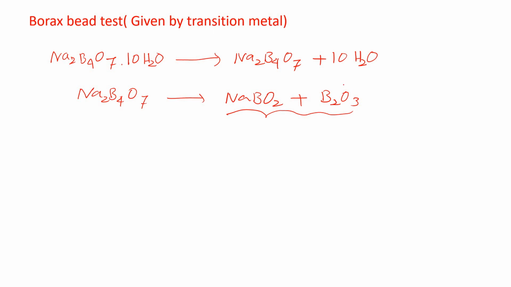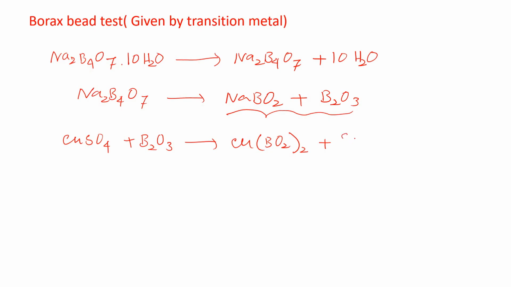Now, this anhydride of boric acid is less volatile. It can release the more volatile anhydride of the other acid from the salt. Say, for example, if I take copper sulfate, then copper sulfate plus this B2O3 will form copper metaborate, this is cupric metaborate, plus the anhydride of the acid.